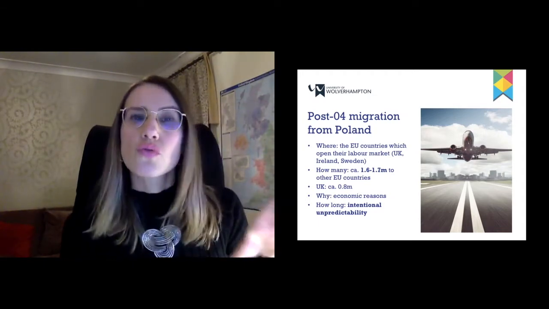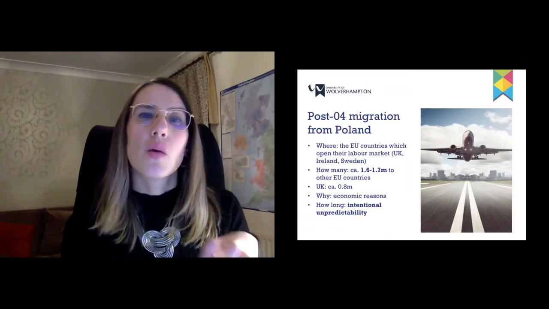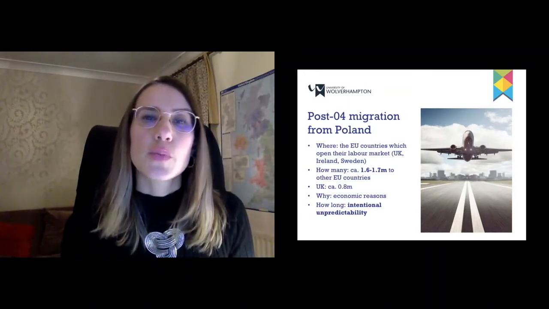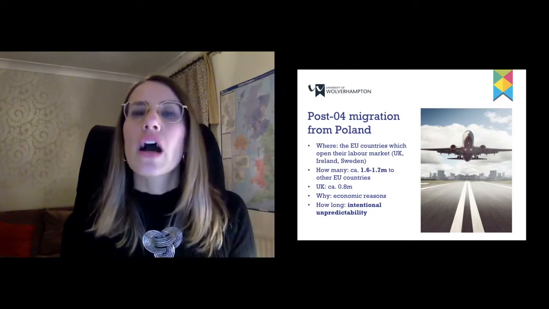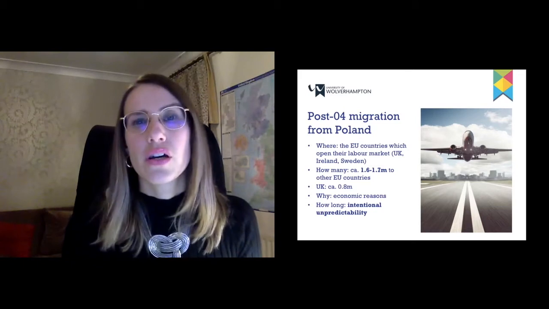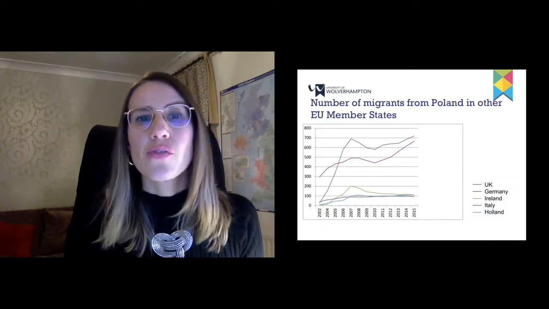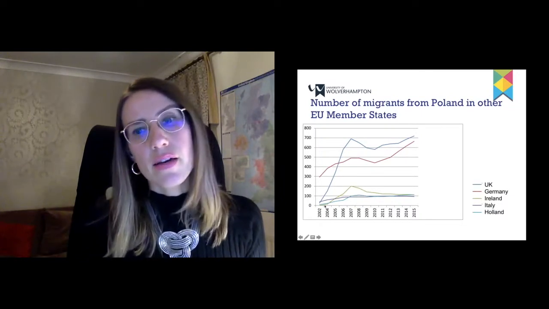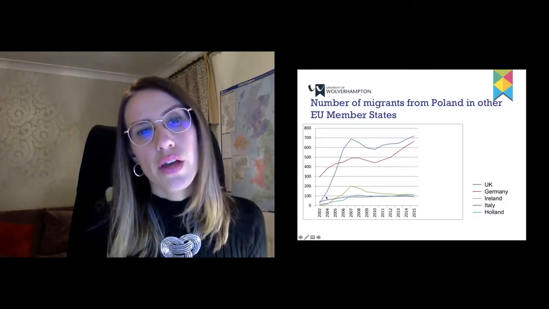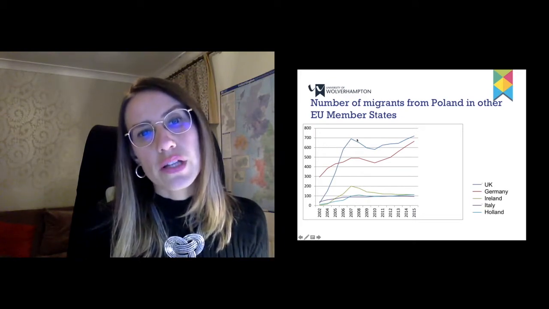So to finish this topic of the Polish post-enlargement migration, let's look at the countries where the Polish people migrated. As you can see, this blue line shows the numbers of Polish migrants that migrated to the United Kingdom.